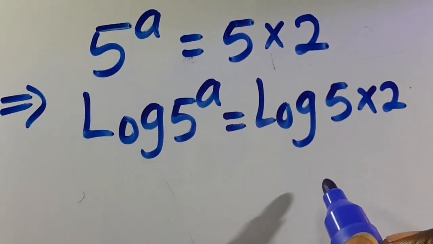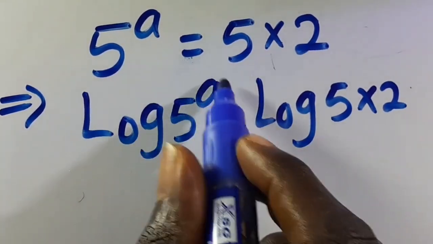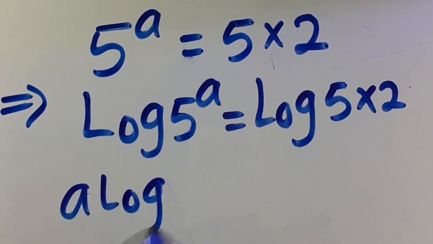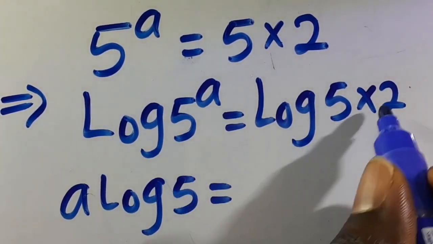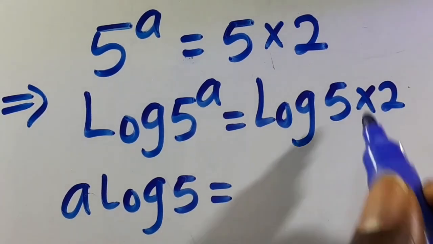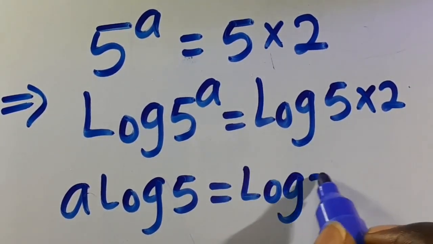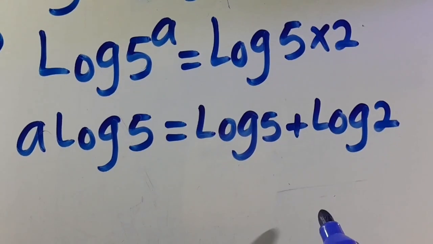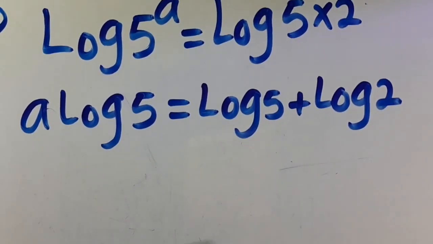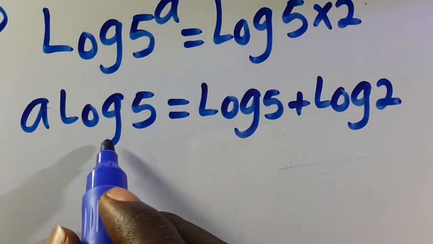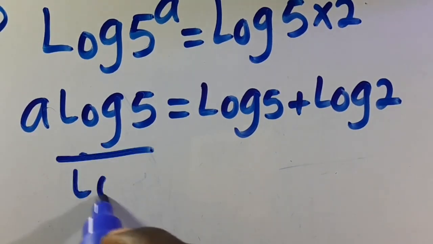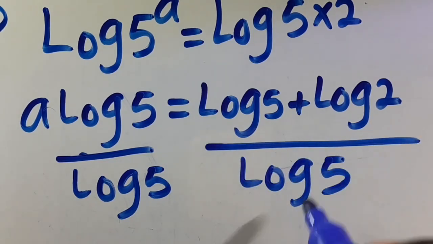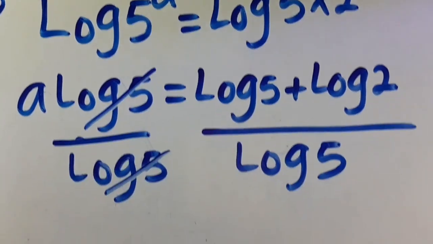So from here, this particular power will come down to the base here as a log 5 equals this one, we change to addition as log 5 plus log 2. So what we need to do here is to divide through by log 5 to get a. So this and this will cancel.